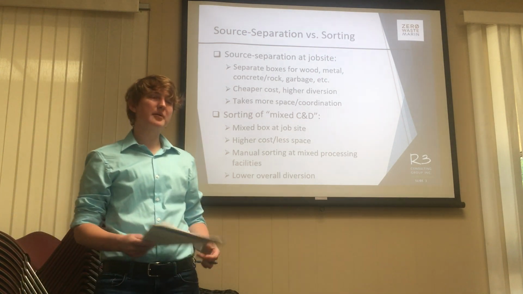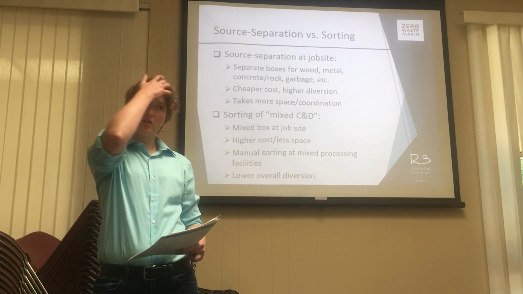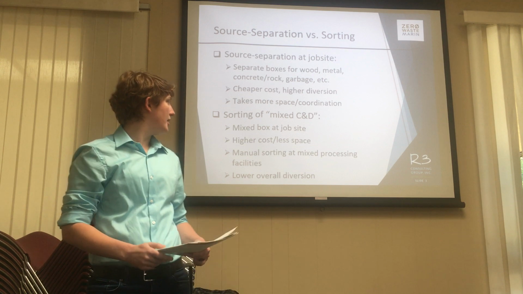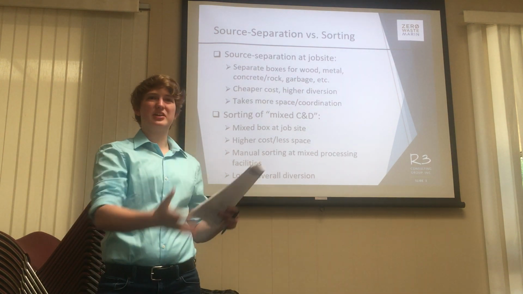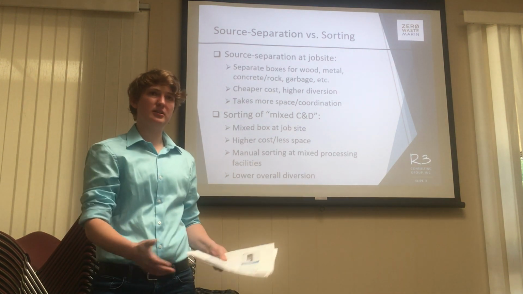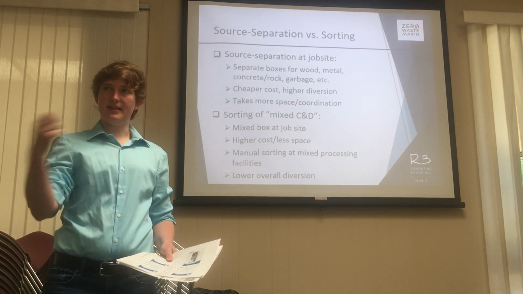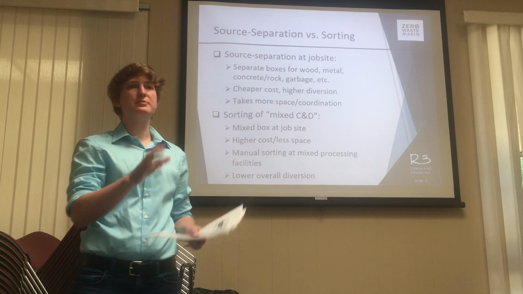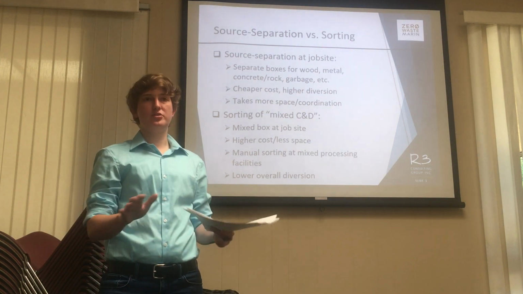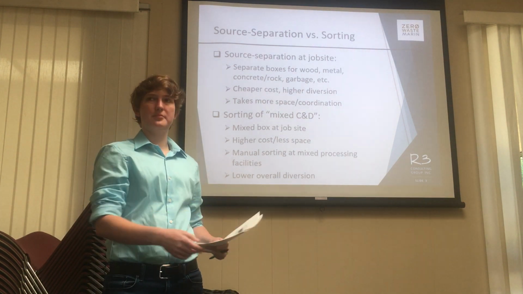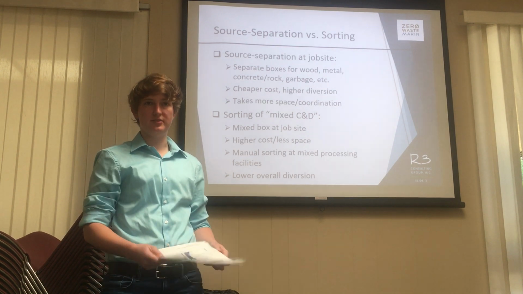And we're also probably going to see lower diversion overall from that method, just because once you get dirt mixed in, for example, that dirt is going to be a lot harder to separate at a facility. So it's better for diversion to source separate at a job site if that's possible and feasible.